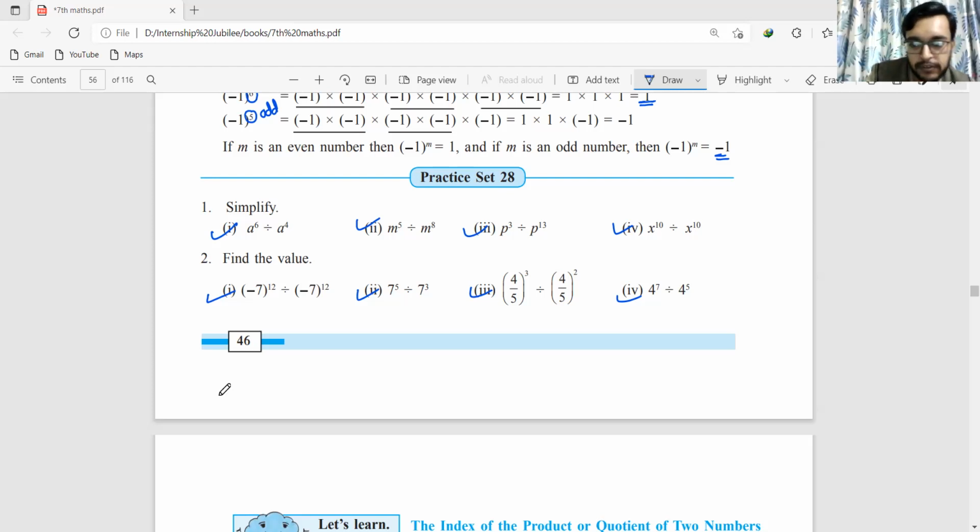Okay, students, have you solved this? Now let's find the answer of this question.